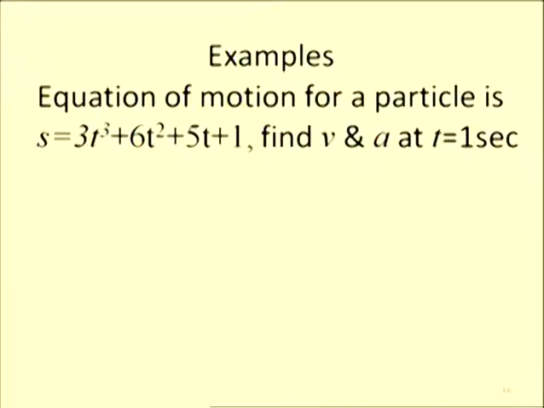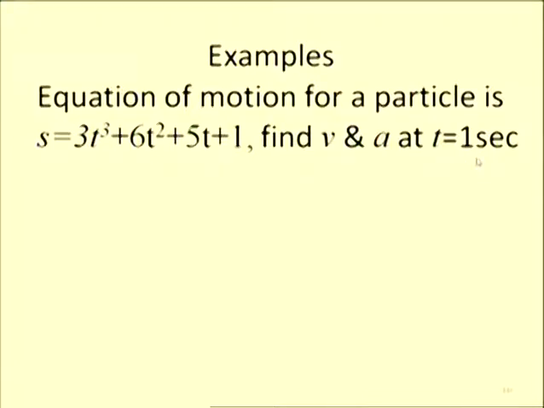Now here we are given S as a function of t, that is the equation of motion. So the equation of motion of a particle is S is equal to 3t cube plus 6t square plus 5t plus 1. Here we are interested to find the velocity v and acceleration a at t is equal to 1 second.